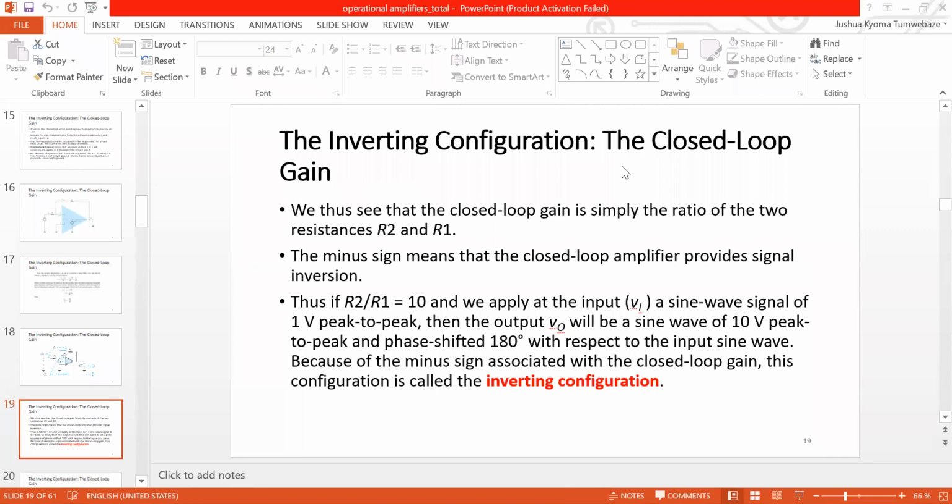Remember that earlier on we had discussed the reason for applying feedback. We say that there are two reasons. One is for stability and the other is for accuracy, because you don't want your gain to be determined by the open loop gain all the time.